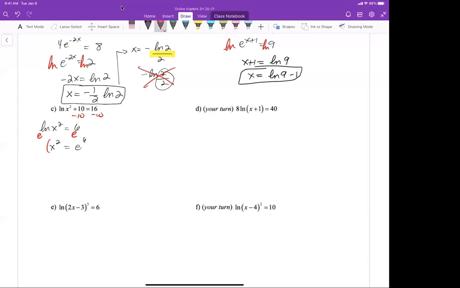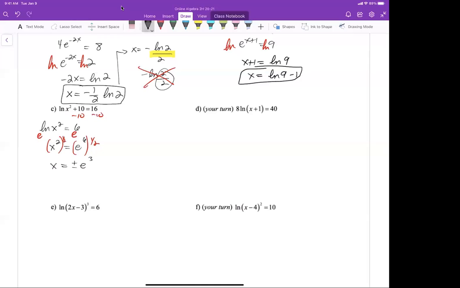That is the same as taking it to the half power, and hopefully you'll see why I think of it that way in just a second. So on the left-hand side, I get x, and on the right-hand side, I have e to the 6th to the 1/2 power, and I'm going to multiply that 6 by 1/2, and I'm going to get e to the 3rd, but it will be a plus or minus.